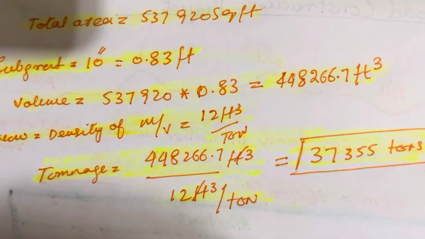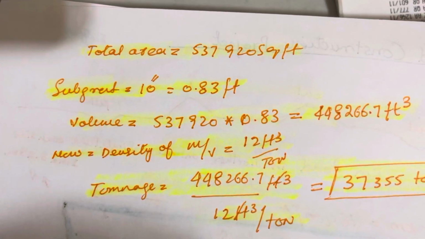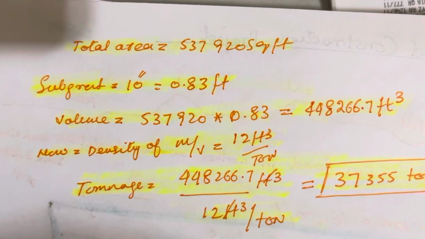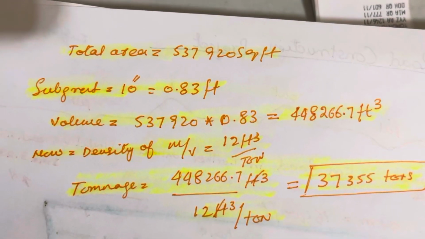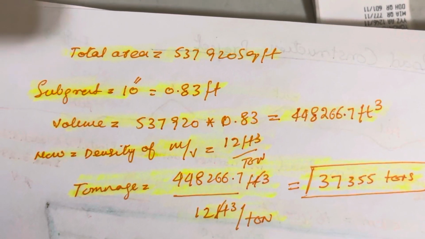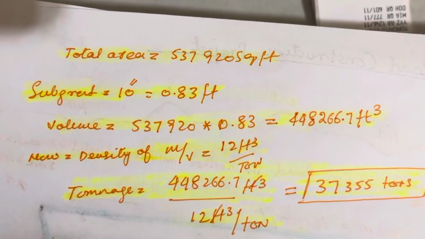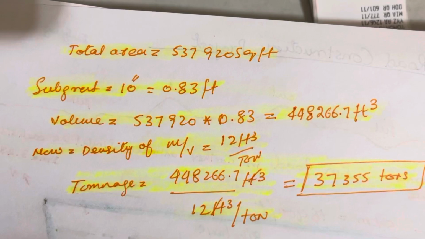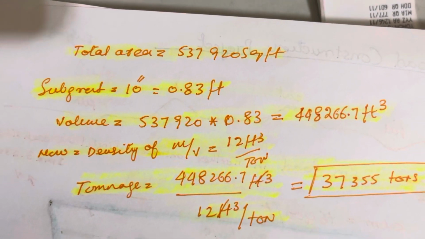So the volume is 448,266.7 cubic feet. And now the density, mass per unit volume. It may be a local material like dolomite, limestone, sandstone, and clay, some type like this. So I took 12 cubic feet per ton. It's also called the tonnage factor, or density, mass per unit volume.